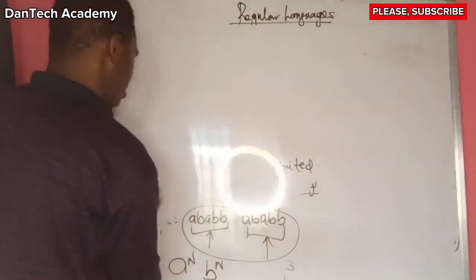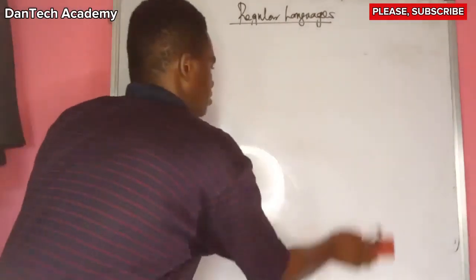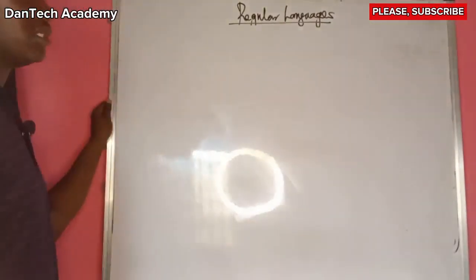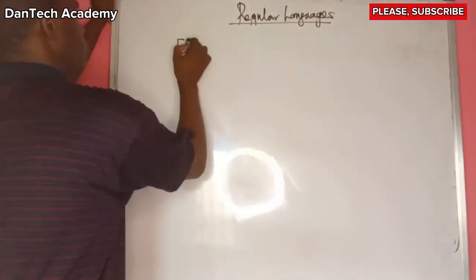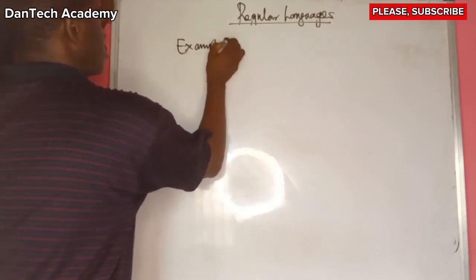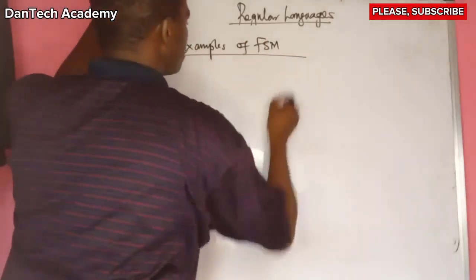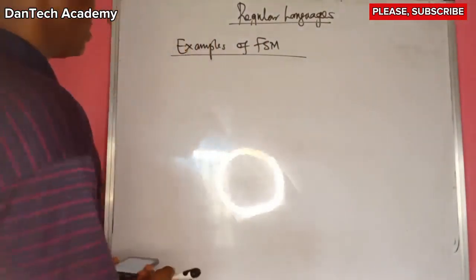So something like real life hardware devices that really use this FSM. So examples of FSM. The first example we have here is that of a traffic light.